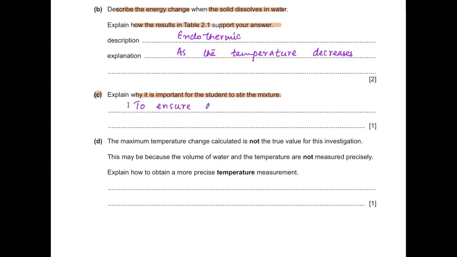Ensure all the solid gets dissolved, or the whole solution has the same temperature.